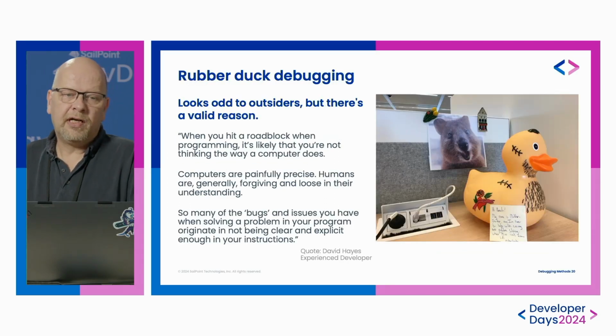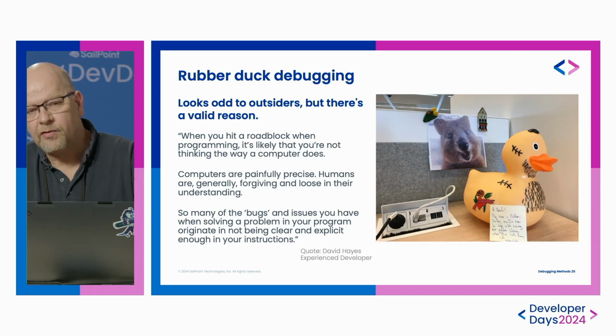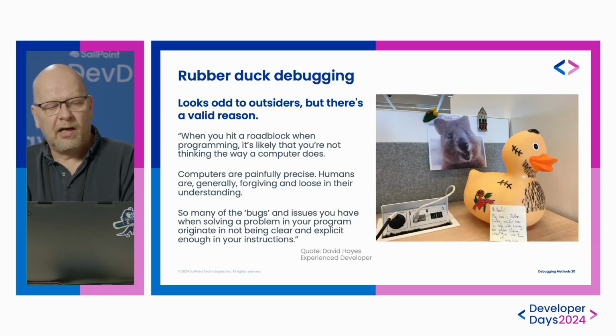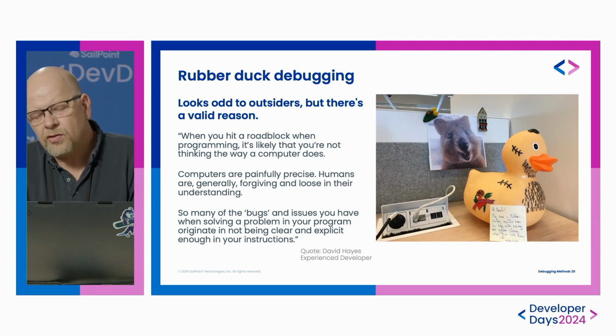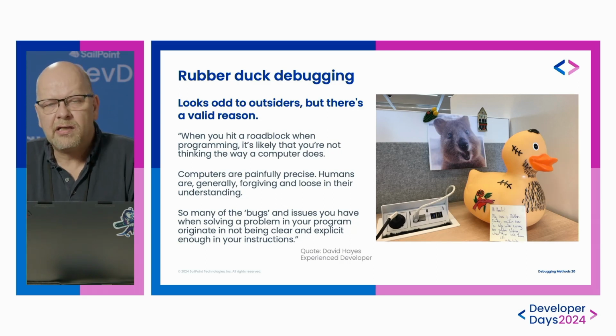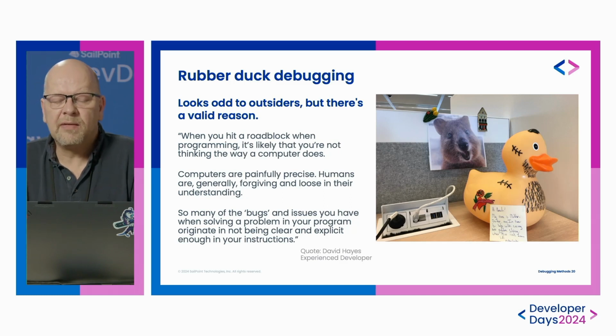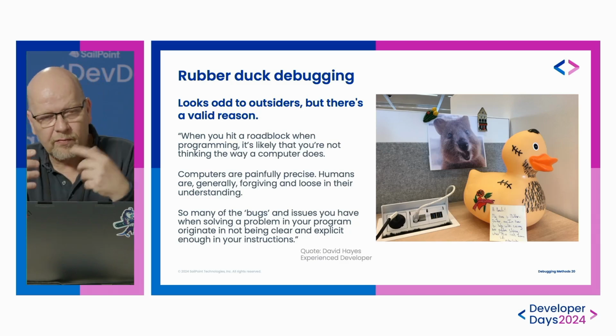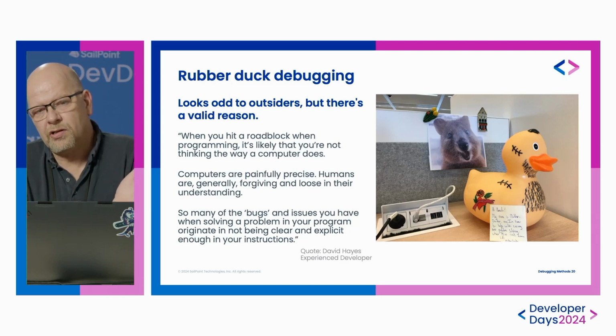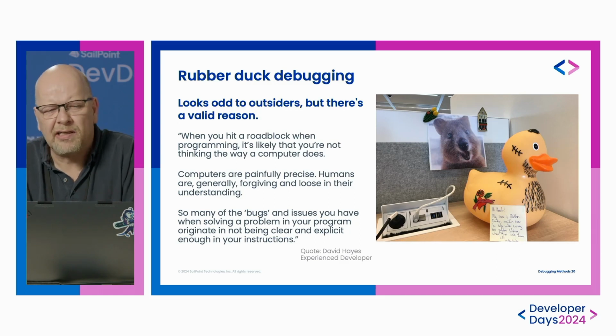Another way to debug, what I already mentioned, rubber duck debugging. Rubber duck debugging is basically making sure that what you have in your head is similar to how a computer is processing. People have a lot of different thoughts, different ways of thinking, but a computer is just a dumb computer basically.